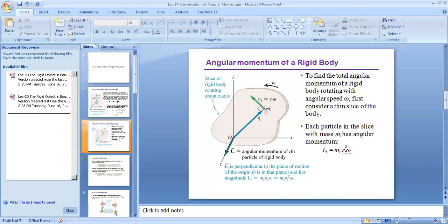Whenever the object is rotating about pivot point O, the particle of mass mi will be circulating about the same point, pivot point O.